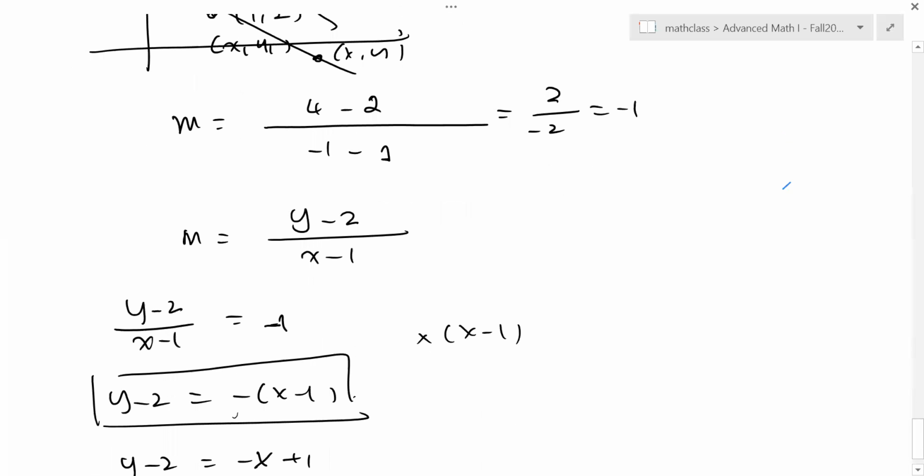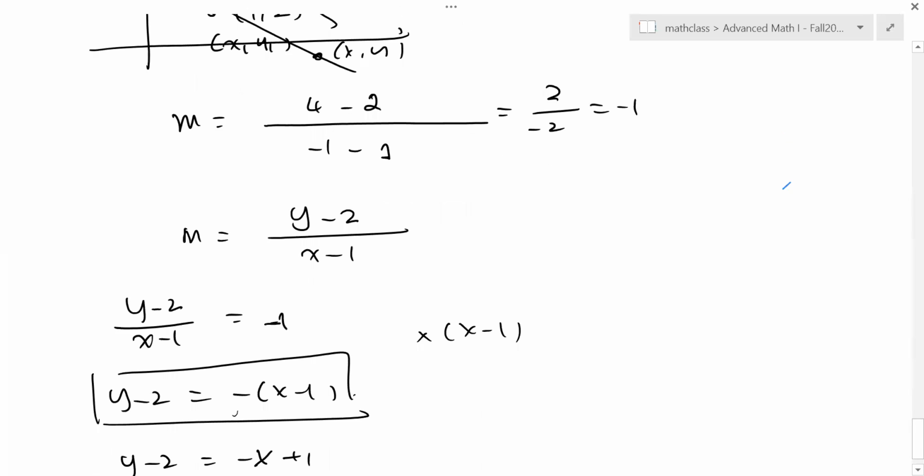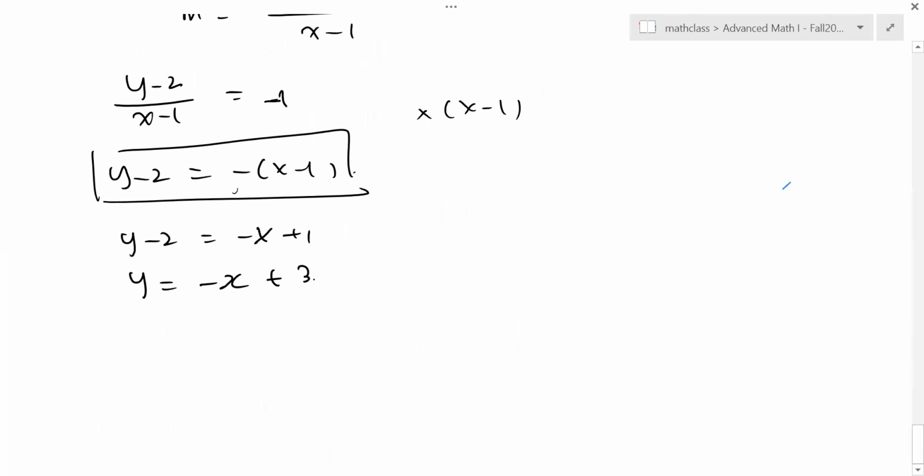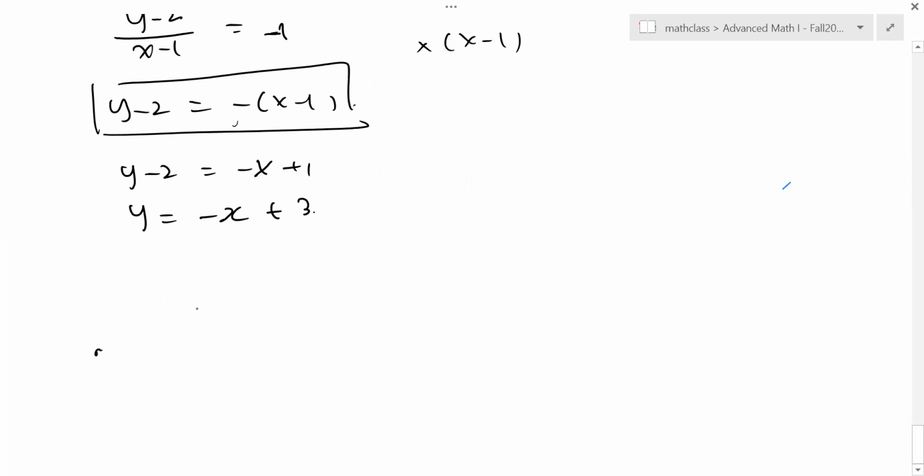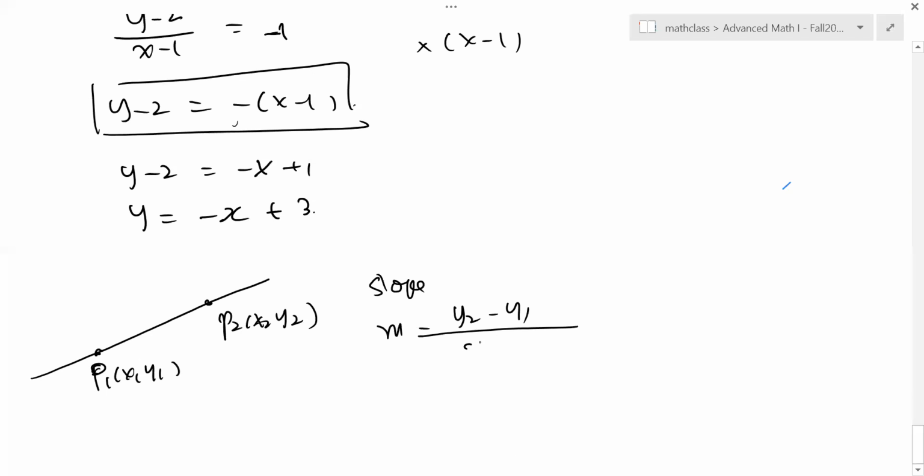I'm going to ask you to do a problem right now. From the equation, you can tell some information here. So let me summarize it. You have 2 points with coordinates p1 (x1, y1) and p2 (x2, y2). Then the slope is going to be y2 minus y1 over x2 minus x1.